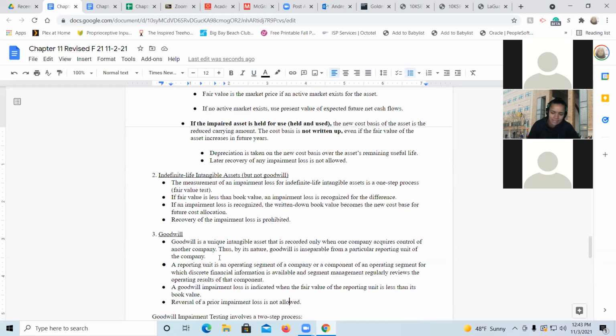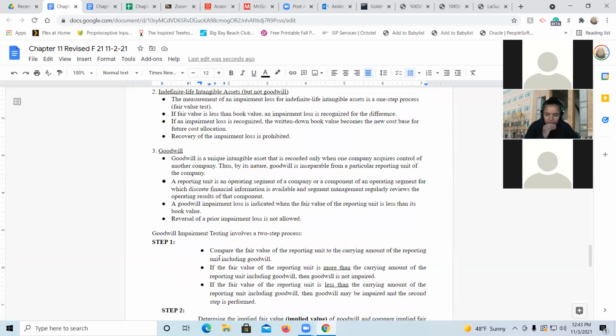And then goodwill has its own separate impairment test, because goodwill comes about as part of an acquisition. When one company buys another company, goodwill is tied to all the assets that were purchased, and they often call it a reporting unit. It's basically tied to the business. You can't separate goodwill out as its own separate thing that will have fair value on its own.